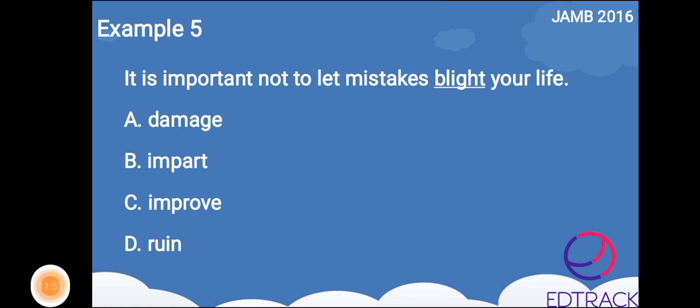So from our options we have to see which one has positive meaning, because that word has a negative meaning. A tip to use is to look for a word that has positive meaning. So damage is negative, impact is negative, improve is positive, and ruin is also negative. So the opposite of negative is positive, so that makes our answer option C. Now let us go back to the guide we have in the next slide.